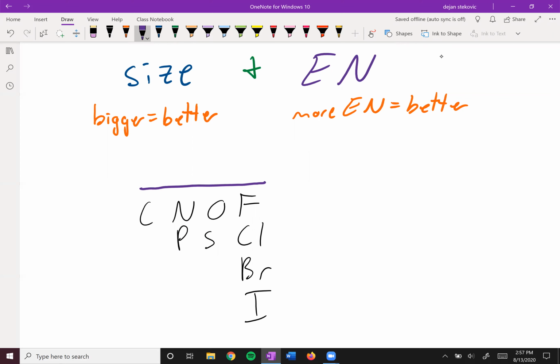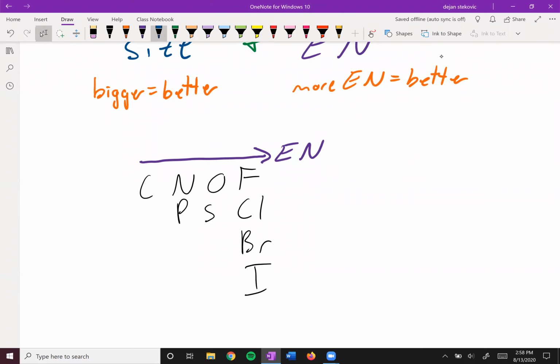So when we're going like this, left to right, we're thinking about electronegativity. So the more electronegative element is going to be more acidic. So HF is going to be more acidic than a CH bond, right?